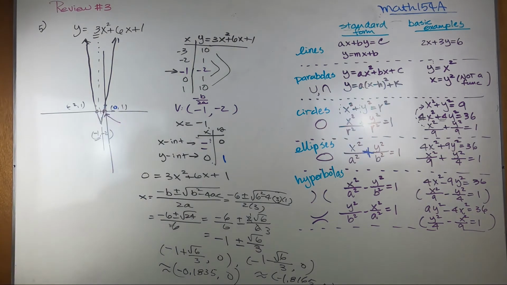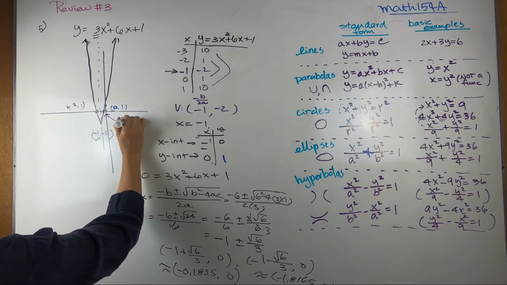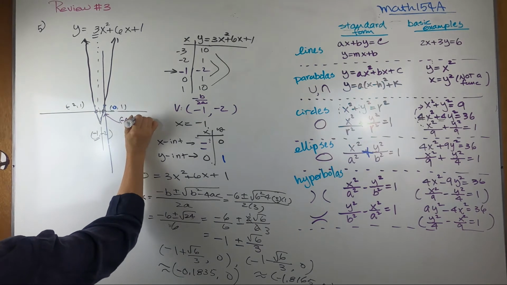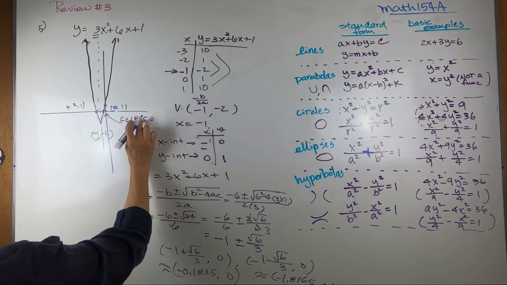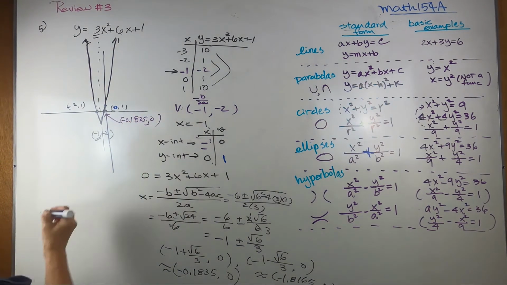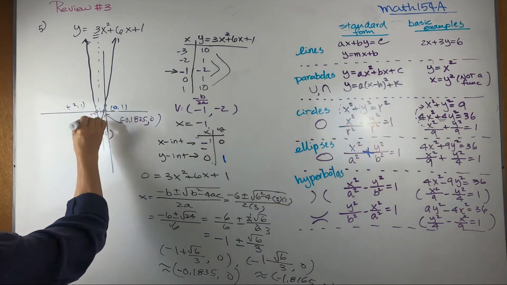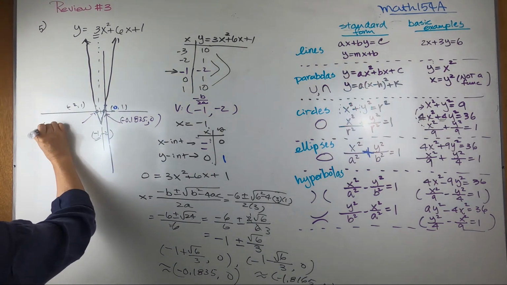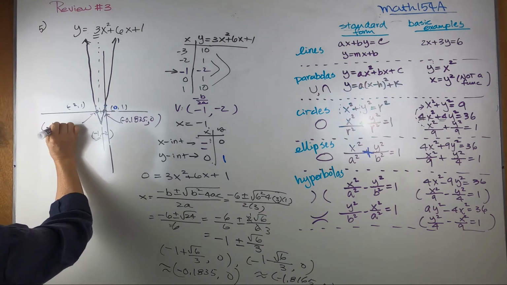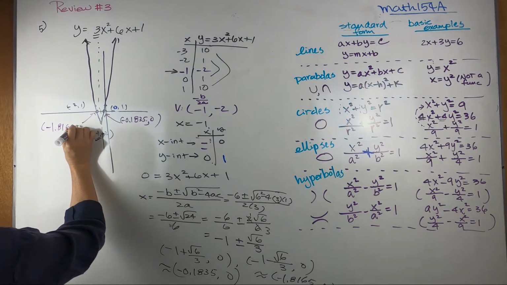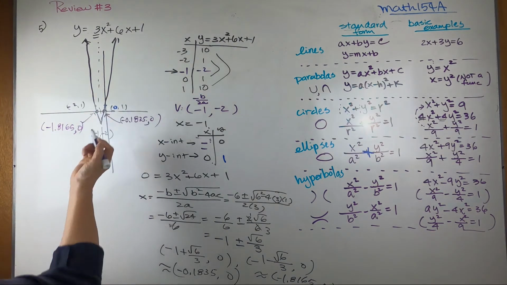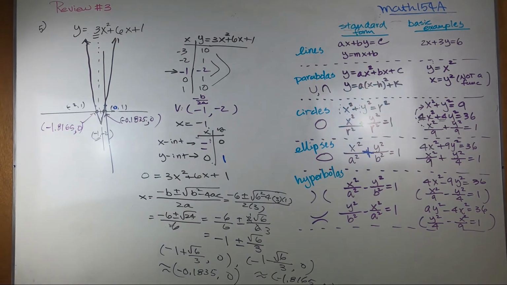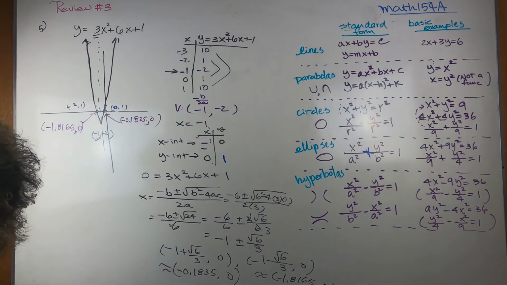So that position will be about negative 0.1835 paired up with 0, right? Then this position will be about negative 1.8165 paired up with 0. So it's about that position, right?